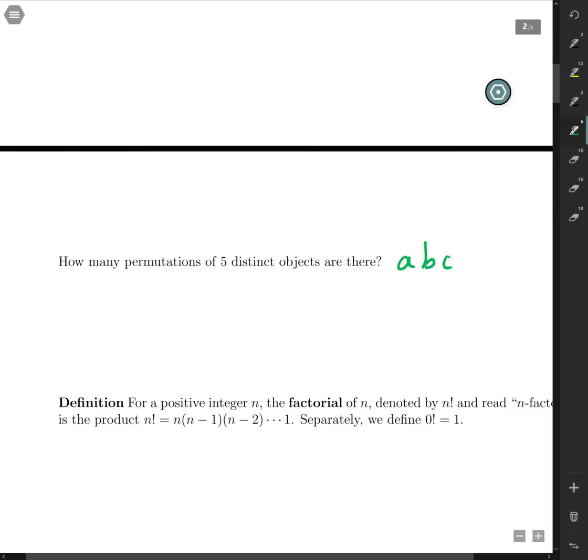So A, B, C, D, E would be a nice way to think about it. How many ways can you put these in an order of all 5 of them? We did that problem in our last in-class set. For the first one, there are 5 choices. The second one, there are 4, and then 3, 2, and 1 for the 5th one, or that product, which is 5 factorial.